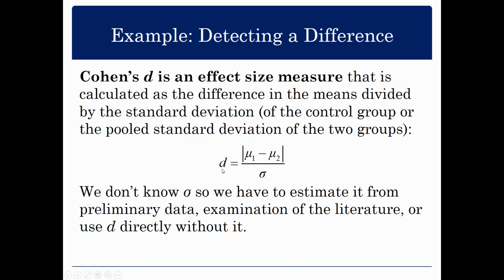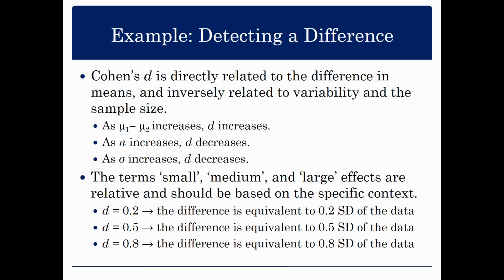If the literature is not clear what this should be, it might be very hard to specify it beforehand. So working from d, as opposed to having to figure out what this difference is and what this noise is, might be an easier approach, especially early on. Because Cohen's d is directly related to the difference in means, and it's also inversely related to the variability, there is a kind of rule of thumb. I know everybody likes rules of thumb for small, medium, and large effects.